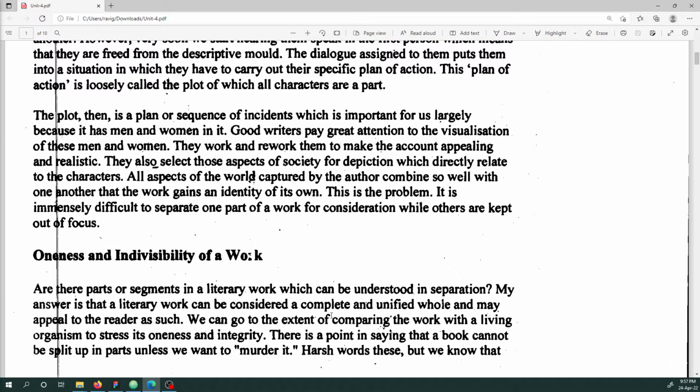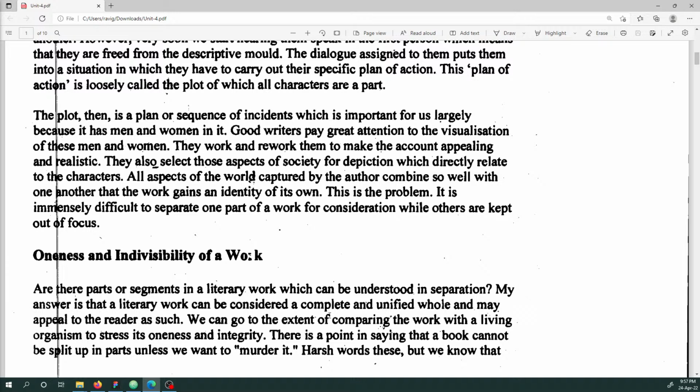Are these parts of a segment in a literary work which can be understood in separation? My answer is that a literary work can be considered a complete and unified whole and may appeal to the reader as such. We can go to the extent of comparing the work with a living organism to stress its oneness and integrity.